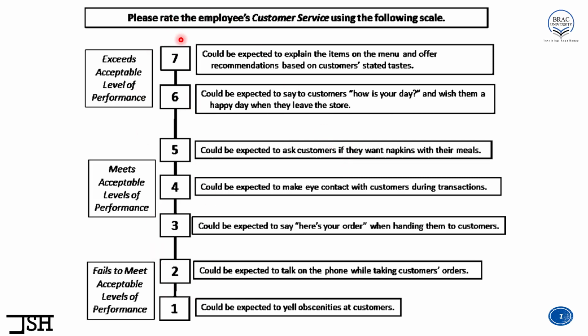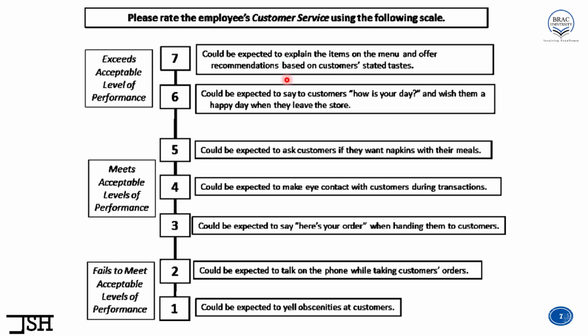In the earlier example we had scores from 1 to 5, here we have scores from 1 to 7. So the scores can vary. The lowest score can be 1 and the highest score can be 7, or it can be 1 to 10 or 1 to 100. There is no limitation on that. But the main point is we have to have certain behaviors fixed with each of these scores.